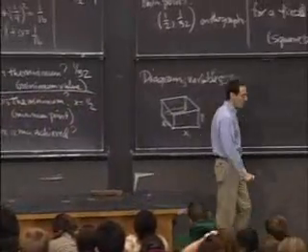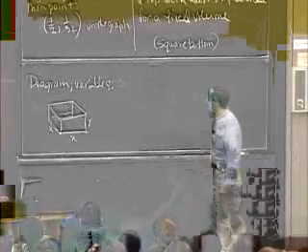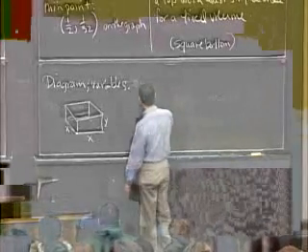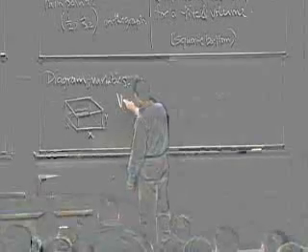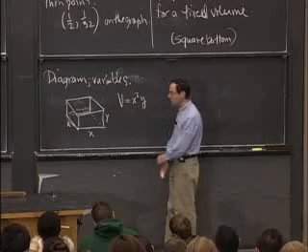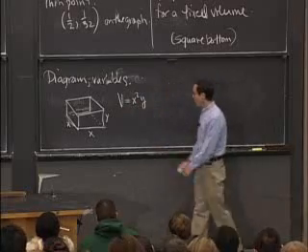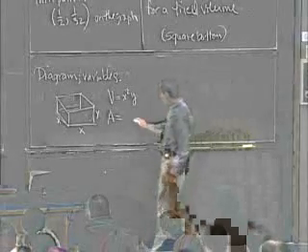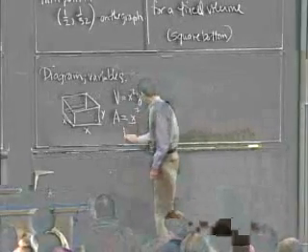Now I promised you 2 more letter names. I want to compute the volume. All right? The volume is, the base is x squared, and the height is y, so there's the volume. And then the area is the area of the bottom, which is x squared. That's the bottom.